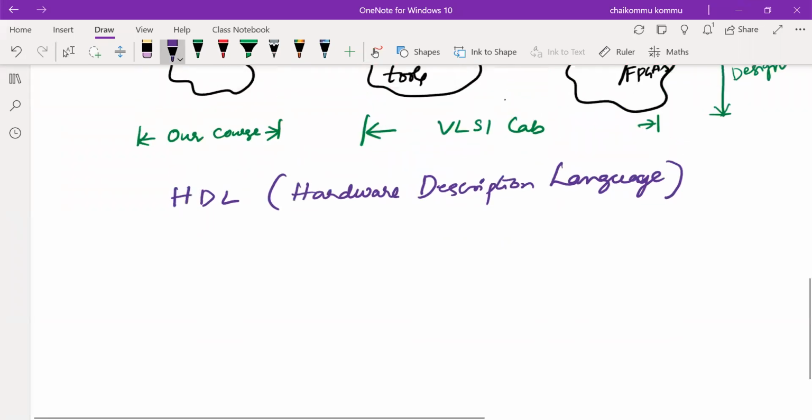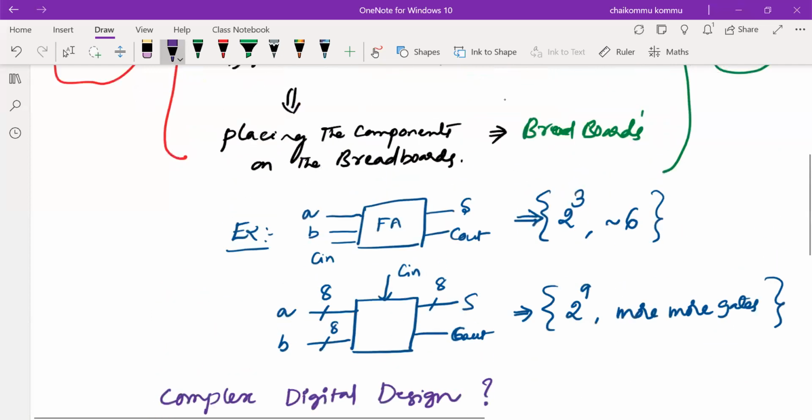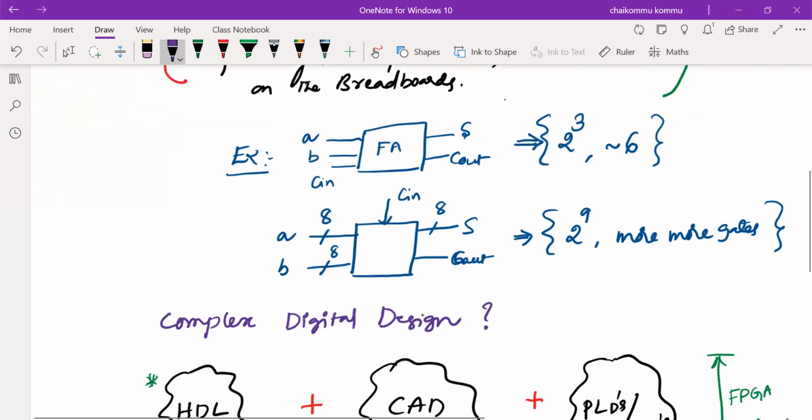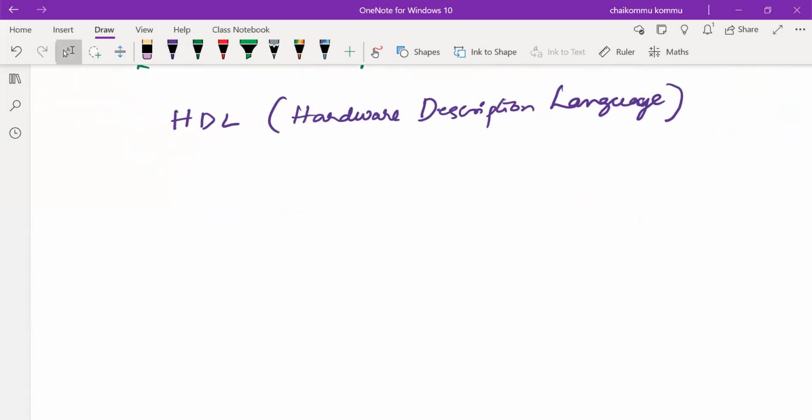HDL stands for hardware description language.